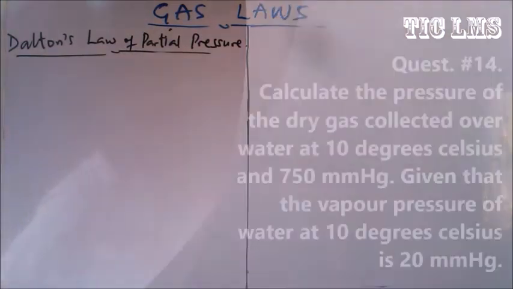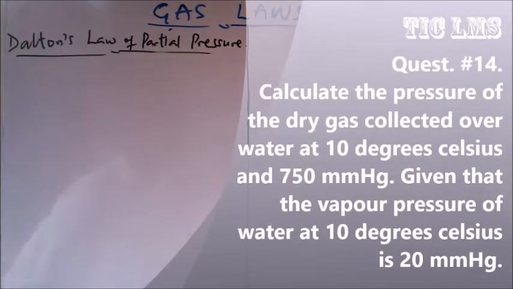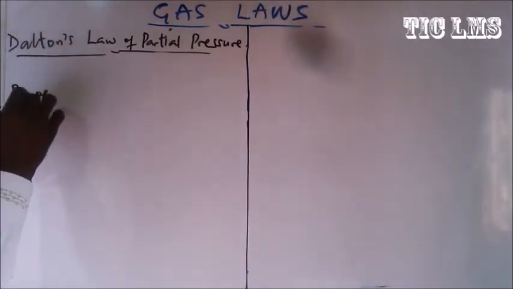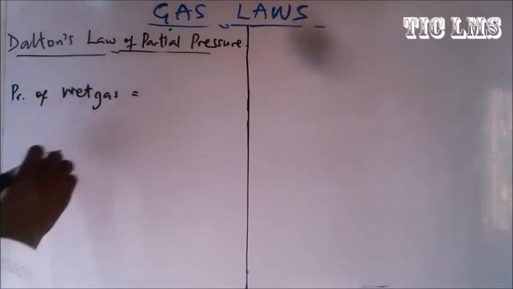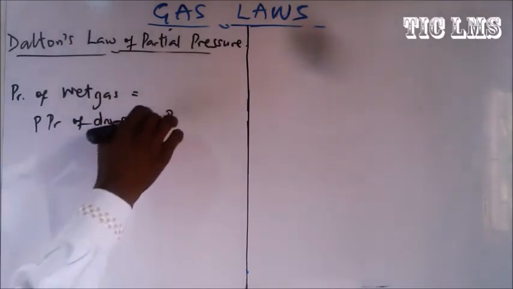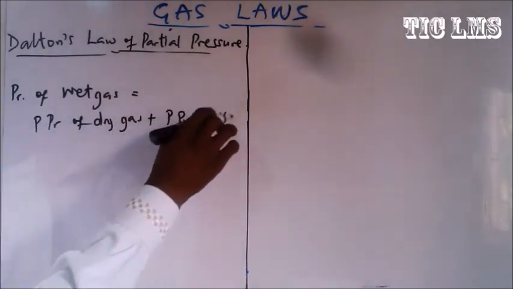Next question. Calculate the pressure of the dry gas collected over water at 10 degrees Celsius and 750 millimeter mercury, given that the vapor pressure of water at 10 degrees Celsius is 20 millimeter mercury. So this is quite easy. From this question, we have the pressure of the wet gas equal to partial pressure of the dry gas plus partial pressure of water vapor.